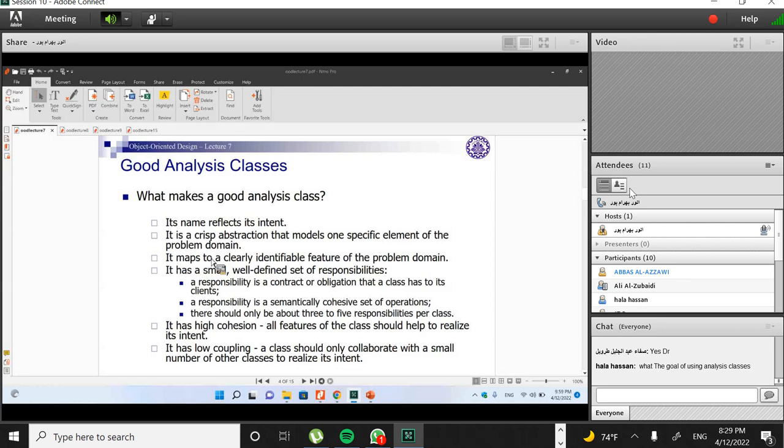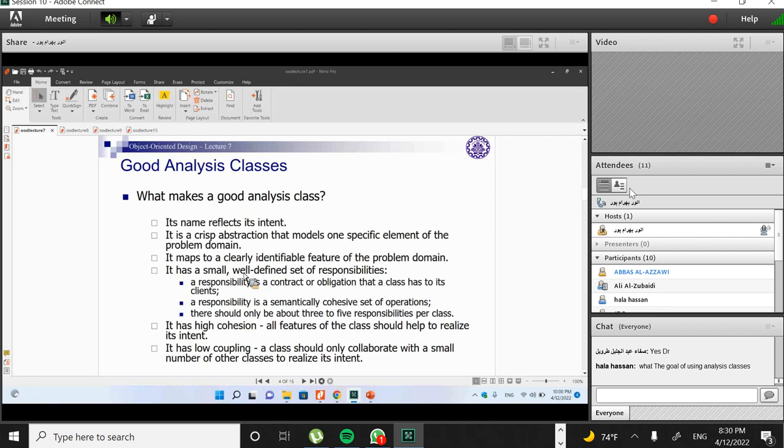Okay, so a good analysis class maps to a clearly identifiable feature of the problem domain. You will see some examples about these concepts. It has a small, well-defined set of responsibilities.